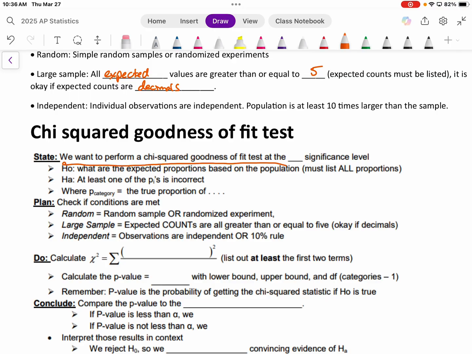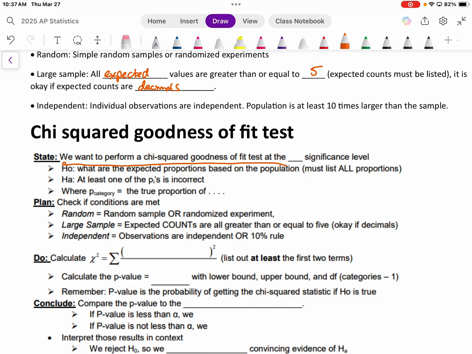Is it goodness of fit? Is it association? Is it homogeneity? If you say association and they had independence, you'd be fine. That's the only one where it'd be okay if you miswrite association or independence. You just have to make sure it's one of the two.